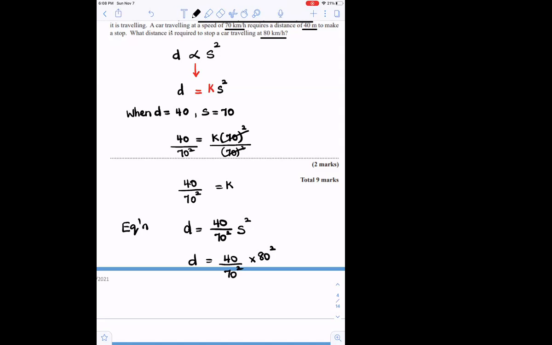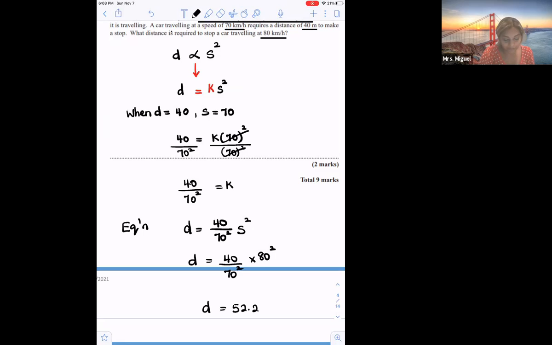The 52.2, miss. Yes, 52.2 meters, that is correct.